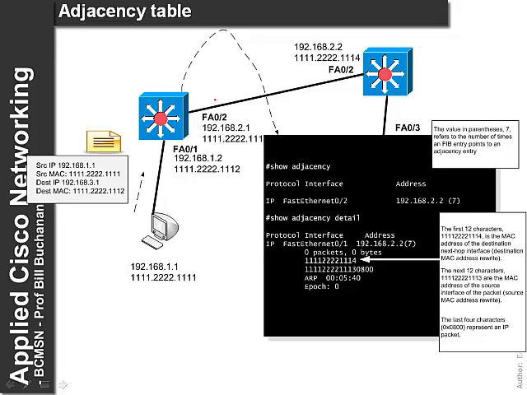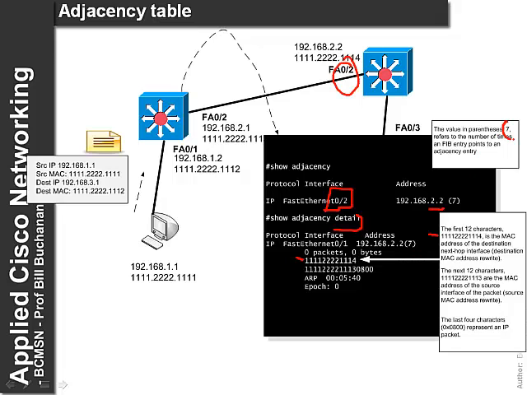When we look at the adjacency table for this example, we can see here that the adjacency interface, in this case, is 2.2 on FastEthernet 0/2. And then when we look at the detail, we can actually see the MAC address of the nodes which are adjacent.